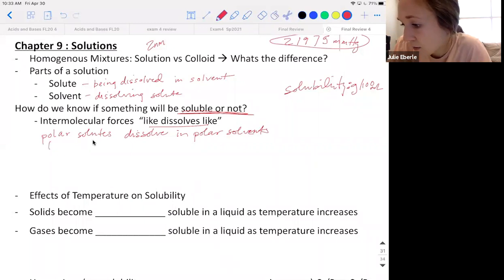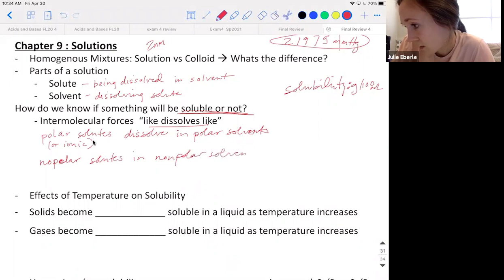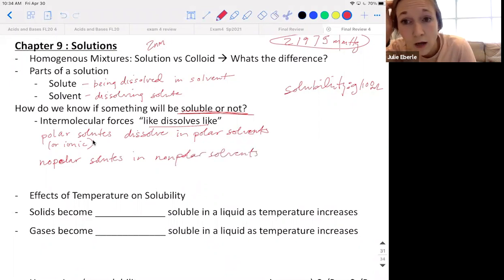I should say polar or ionic. Non-polar solutes dissolve in non-polar solvents.